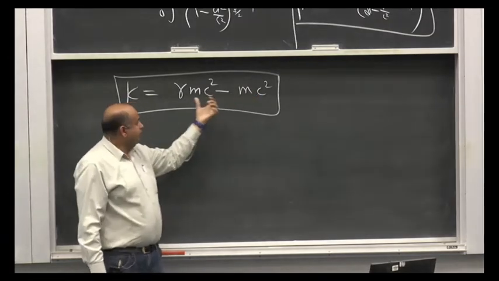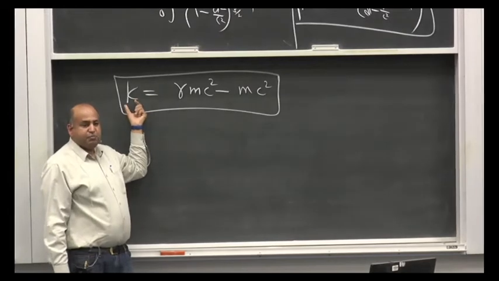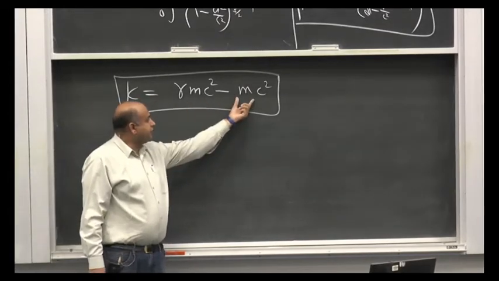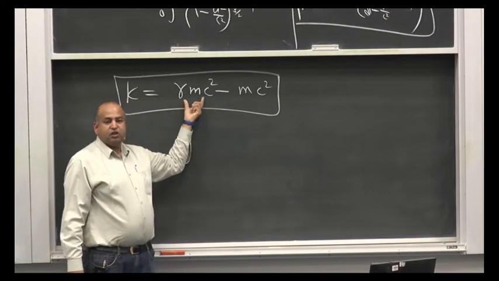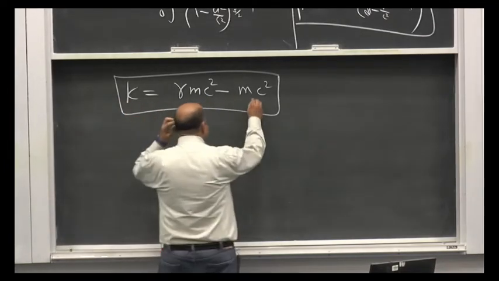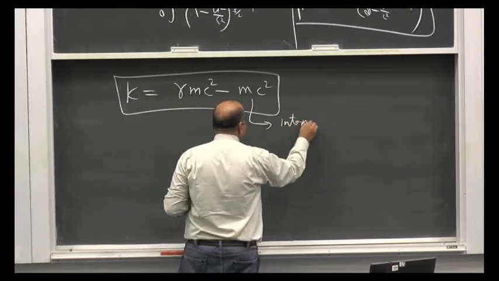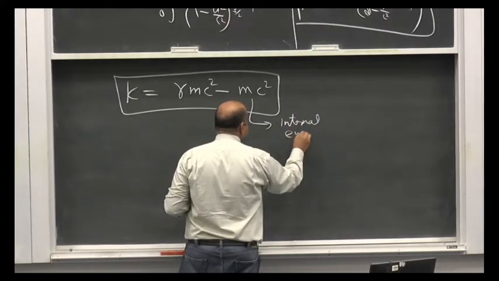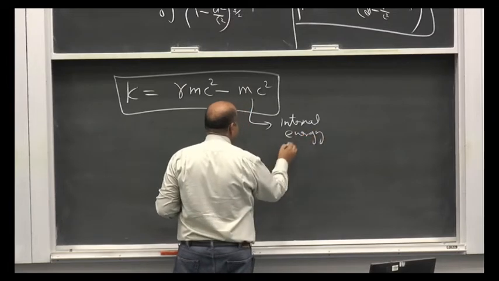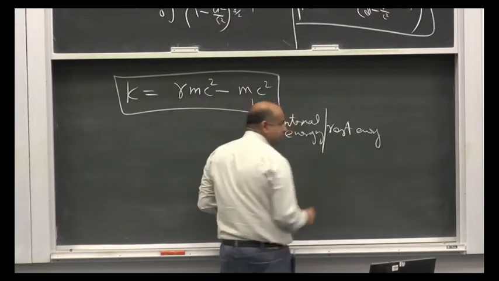So the kinetic energy is nothing but a difference between this velocity dependent and velocity independent term. So this term he referred to as the internal energy or the total energy or the rest energy. So there are several names of the particle.